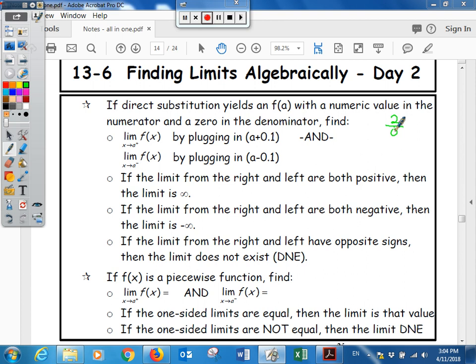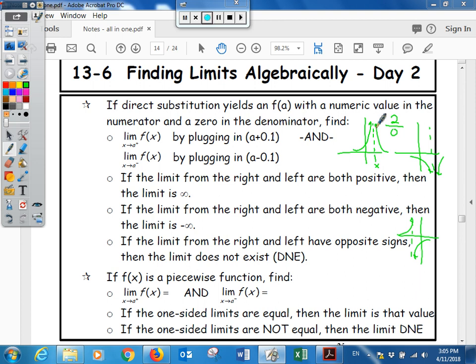What usually happens in this case is that if you think about it graphically, what you have is a vertical asymptote at whatever x value your limit is approaching. Either your graph is heading up infinitely on both sides, perhaps it's heading down infinitely on both sides, or it could be that on one side it's heading up and on the other side it's heading down.